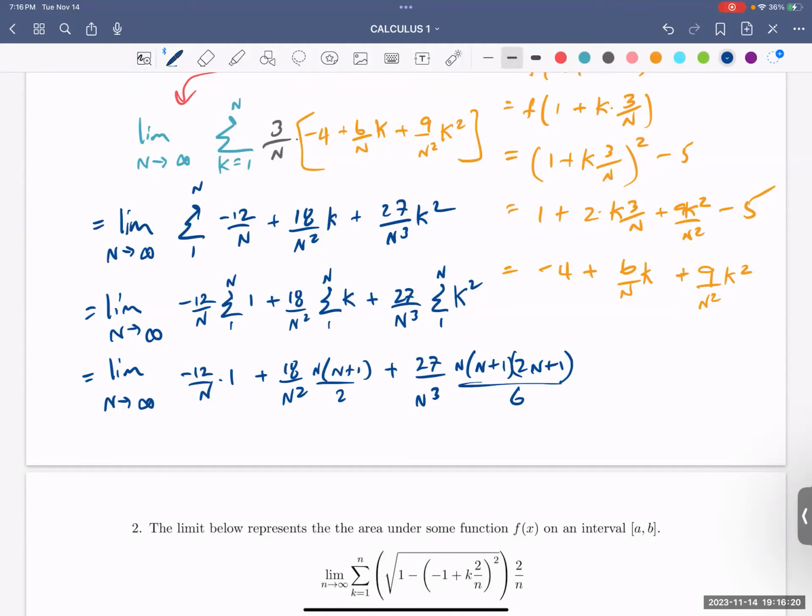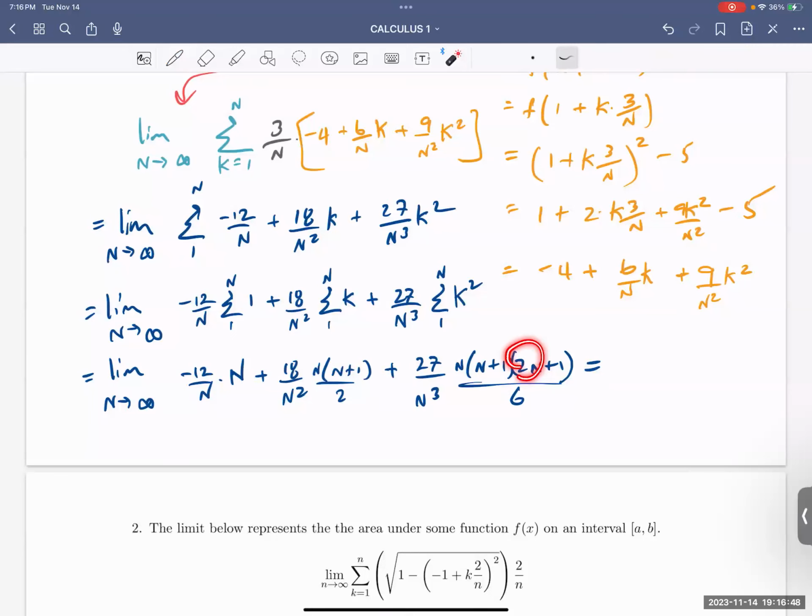Now, when we actually take our limit, oh, you know what? This piece right there goes to n. Okay, so now these will cancel. We'll get negative 12. The degree in your denominator is 2 there. Degree here is 2, so we'll get 18 over 2, that's 9. Degree in the numerator is 3, denominator is 3, so we're going to get 27, 2, and a 6.